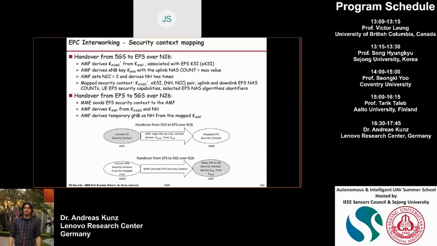If it's going the other way around, it's different because the MME just sends its EPS security context to the AMF, and the AMF is basically deriving a KAMF and some temporary gNodeB key from the mapped KAMF. And so the AMF may trigger some re-authentication after the active session is terminated.